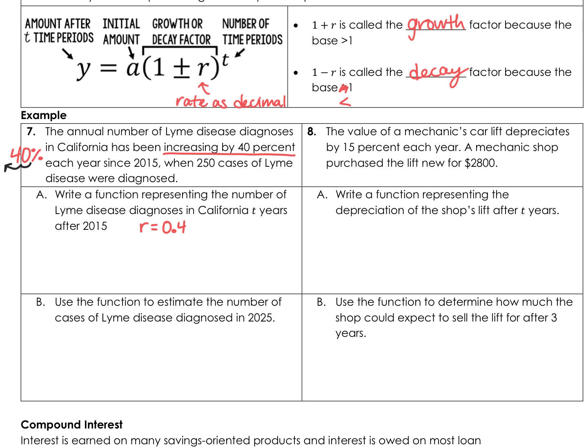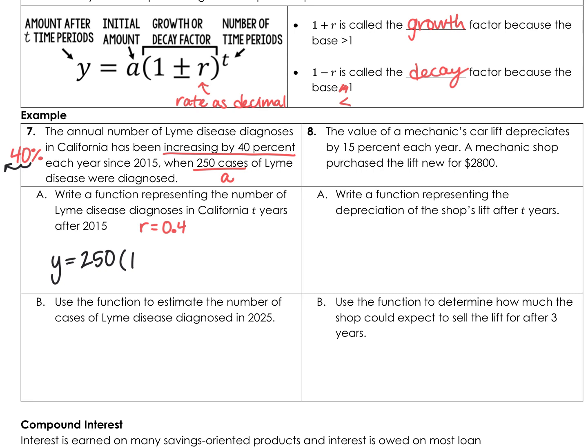The initial amount is 250 cases, so that's A. And then we'll figure out the years in a second. So right now we're just going to write an equation in terms of t. All right, y is equal to, what's the initial amount? 250. And then it's 1.